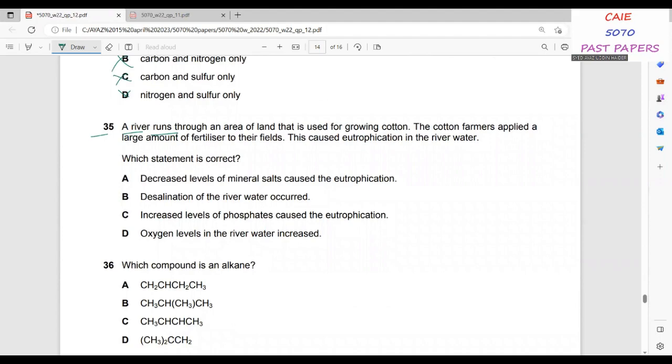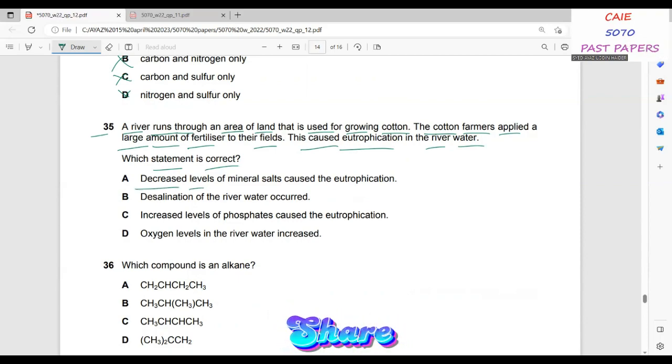A river runs through an area of land that is used for growing cotton. The cotton farmers applied a large amount of fertilizer to their fields. This caused eutrophication in the river water. Which statement is correct? Eutrophication is the unintentional enrichment of nitrates and phosphates into the river. So A, decreased levels of mineral salts caused by the eutrophication. This is wrong.